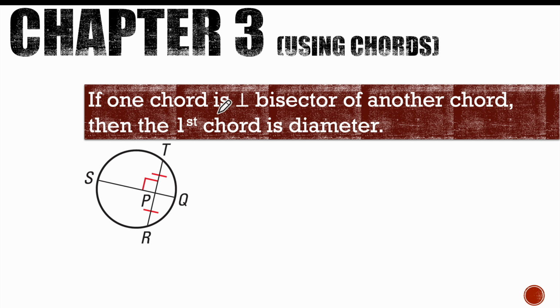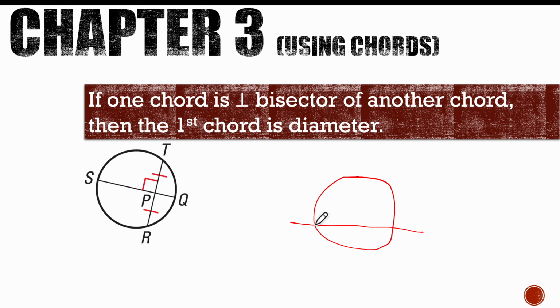If one chord is the perpendicular bisector of another chord, then the first chord is a diameter. This is a very important property. What does it mean? If you draw a perpendicular bisector on a chord, you take any chord. What is a perpendicular bisector?